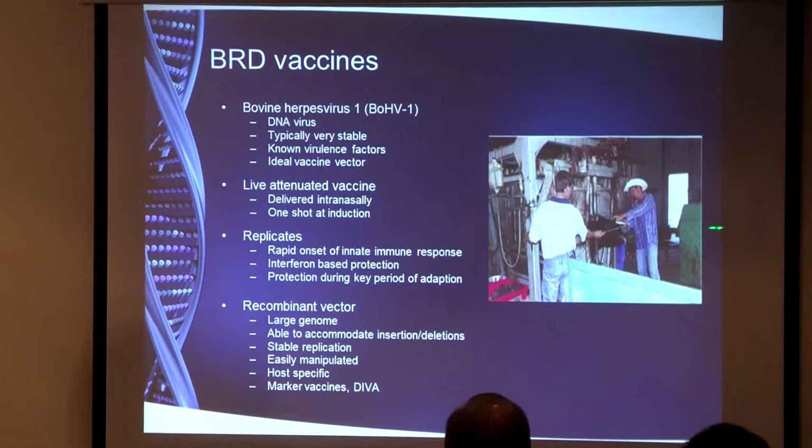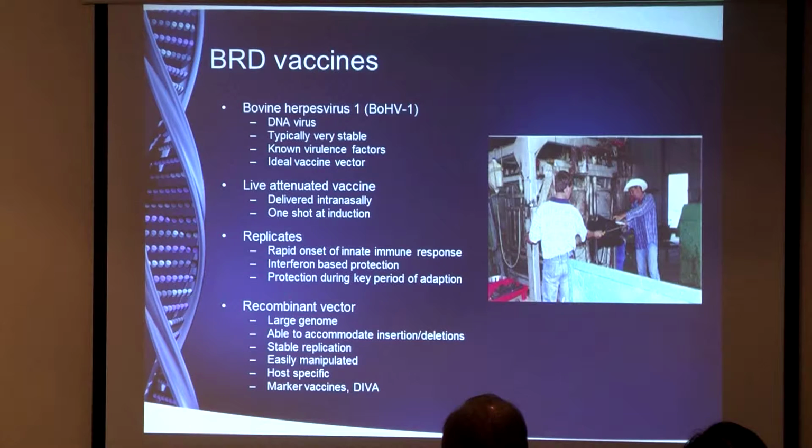The animals receive a single dose at induction, intranasally, and then they go off into their pen. It undergoes replication, mobilises the innate system, mainly an interferon-based protection, and it gives them that key period of protection against this important virus.